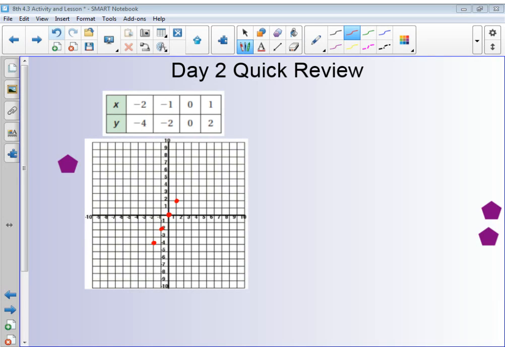So there's the points that they asked for. So now we're going to write our equation. Y equals our slope. Well, our rise was 2 over 1. So it'd be 2x, and it crosses the y line at 0, so plus 0, or you can leave it as just y equals 2x.